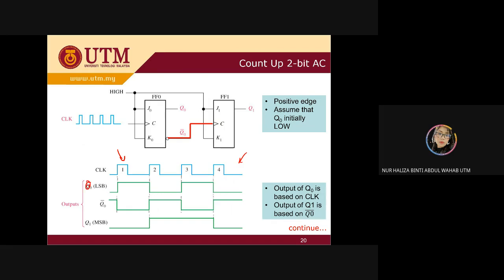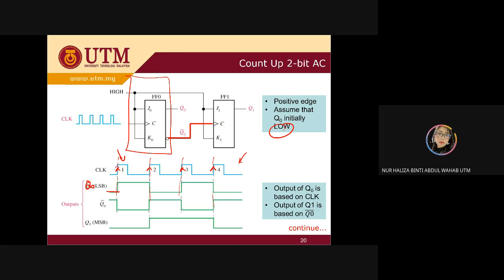And for Q0, it's going to depend on this. I will trigger only when I have a positive edge. Positive, positive, positive, positive. I'm done with this. And then after that, I'm going to start with 0.